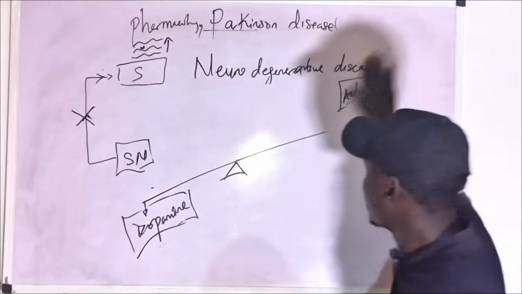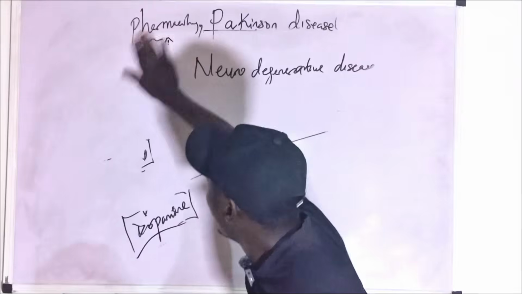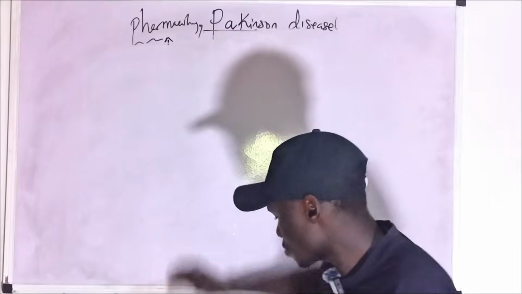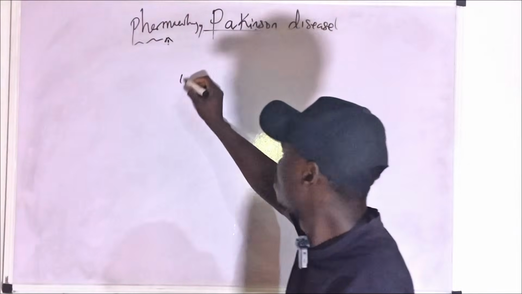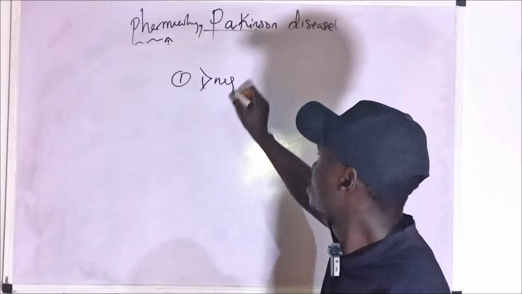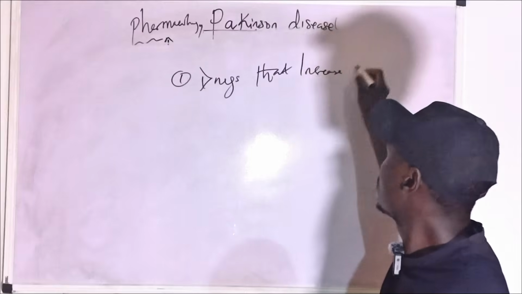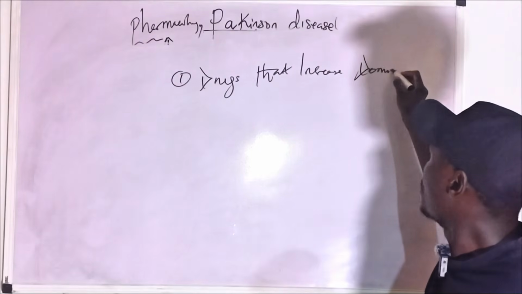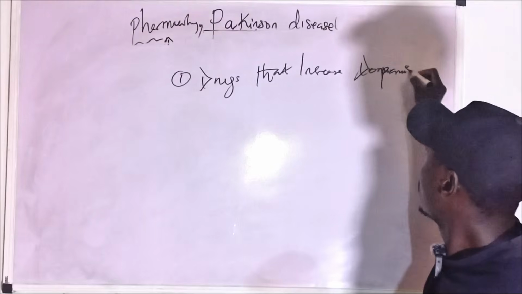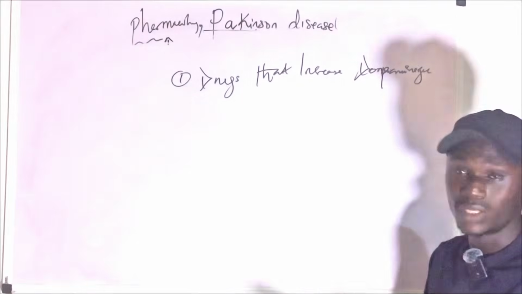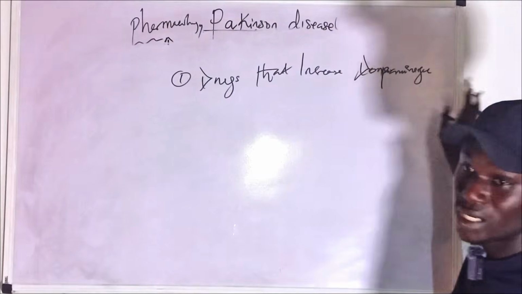Number one way to treat this disease is that we give drugs that increase dopamine or dopaminergic secretion or dopaminergic activity. Drugs that will increase dopaminergic activity.